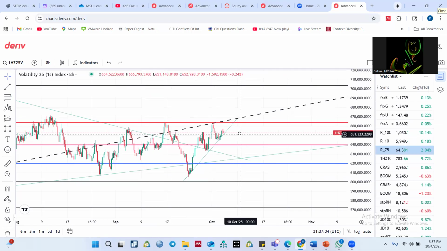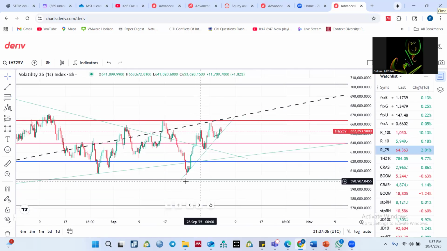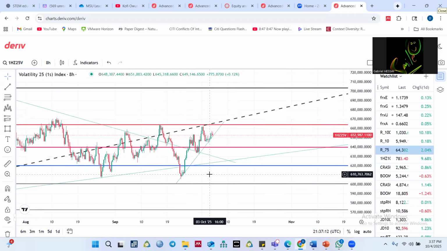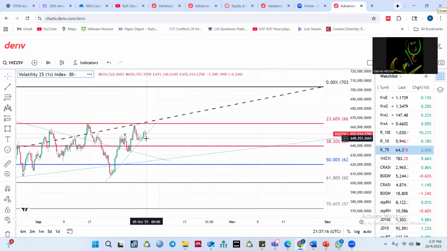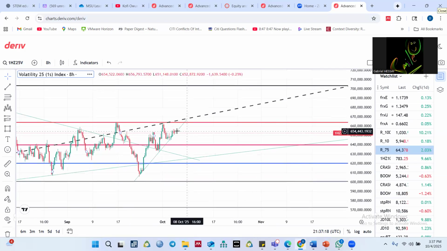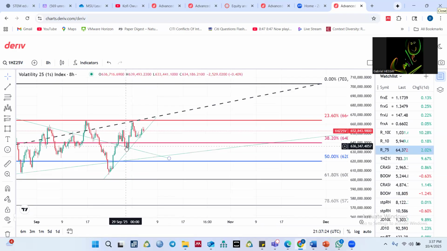And we are now at, yeah, that's 50%. So this is equilibrium. So we are now at 23. We go to 38, drop to retest itself, hit 23, drop to retest.